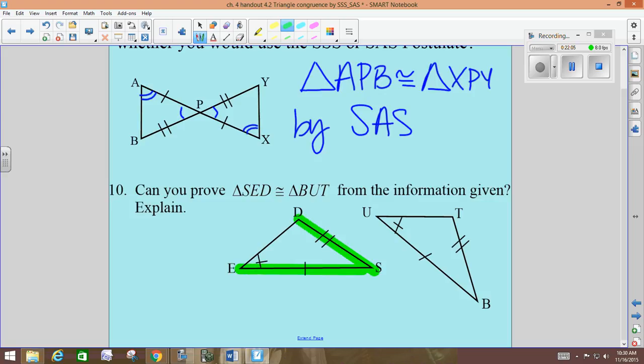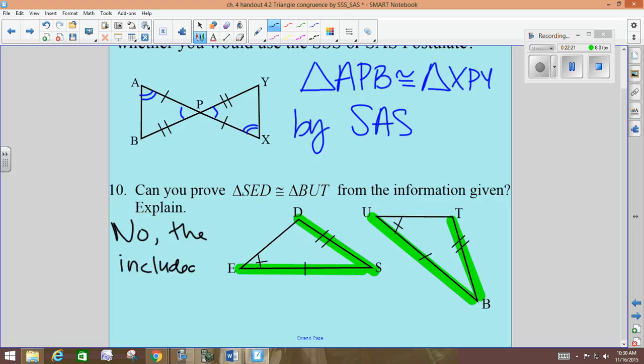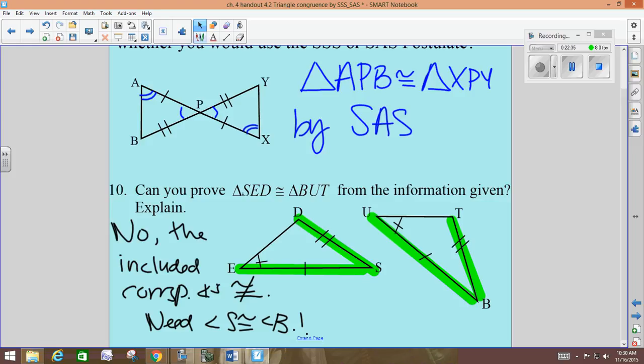It's not the included angle. And same on triangle BUT. The two sides that are marked don't give me the included angle. So can you prove? No. Explain. We'll just say the same thing we did before. The included corresponding angles are not congruent. You would need angle S congruent to angle B to prove them congruent by side, angle, side.